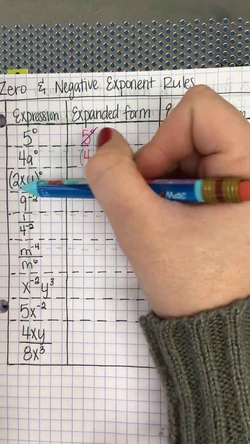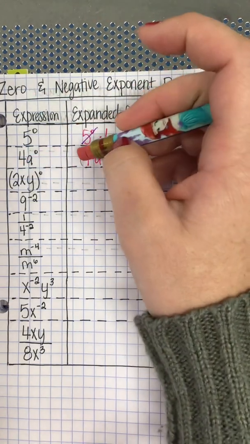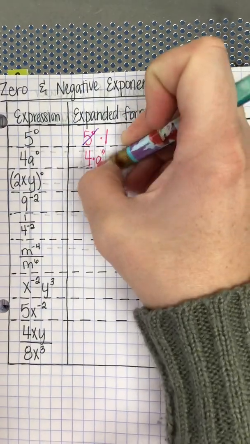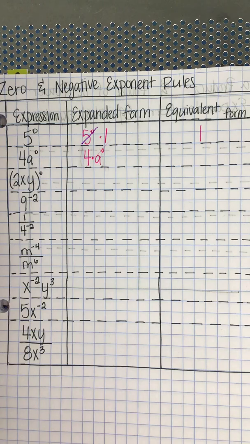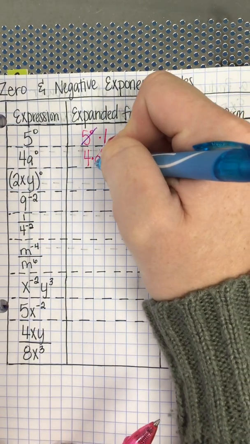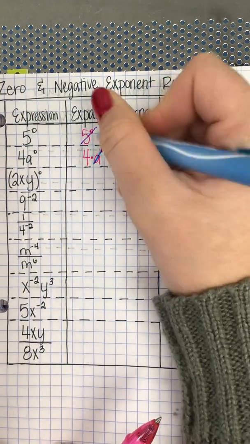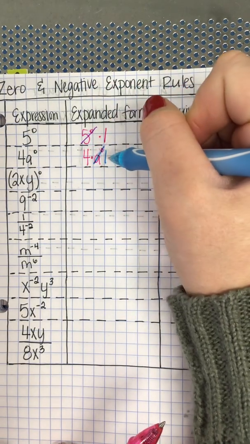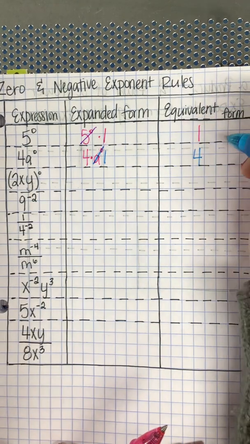See how all of this information is inside the parentheses raised to the 0 power? This one is not. So the only thing that actually has the 0 power is this a to the 0. So that's what cancels out. Remember, when it cancels out, it becomes a 1. So 4 times 1 would give us an answer of 4.